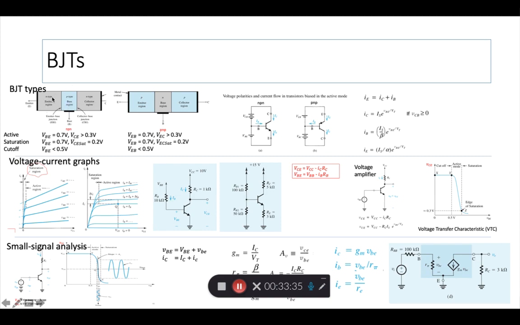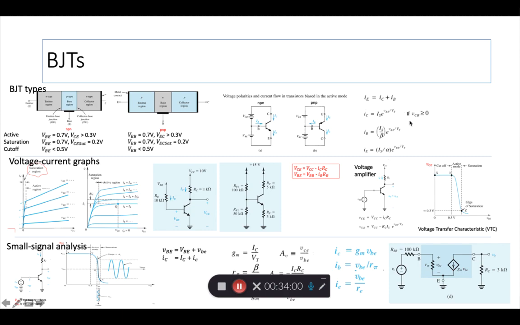So the emitter current is almost equal to the collector current. A part of it goes into the base. The base current is always very low compared to the emitter or the collector, and the collector current is almost as much as IE.